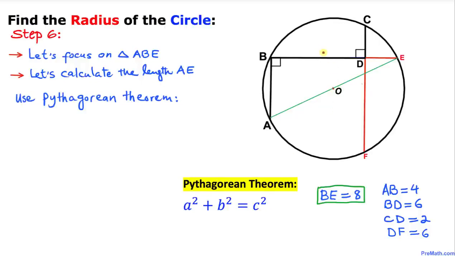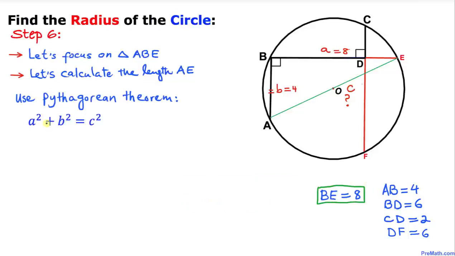Let's call this side BE, I'm going to call this side A, and we know this is 8 units. And this side I am going to call side B, which is BA, and in our case this is 4 units, and I'm going to call this longest side C, and we are going to find the value of this one.